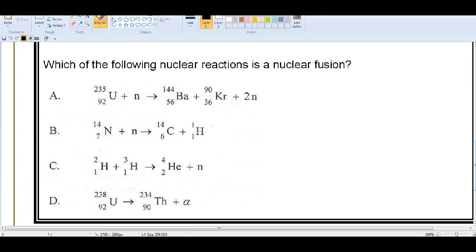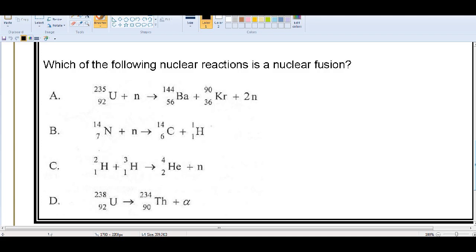All right, the next question, a multiple choice, is very simple. Which one is nuclear fusion? Remember the definition of nuclear fusion: two very small nuclei become a relatively bigger nucleus, plus some neutrons. Which one looks like this? A is a very big nucleus with a neutron, so it's not the case.